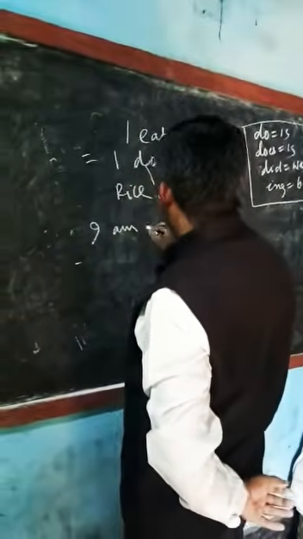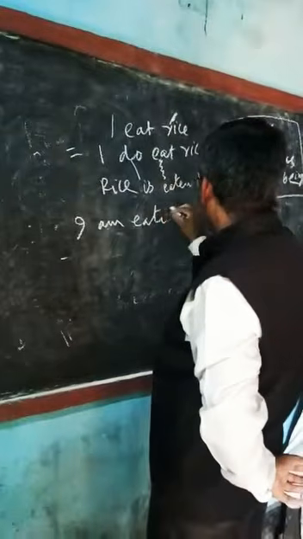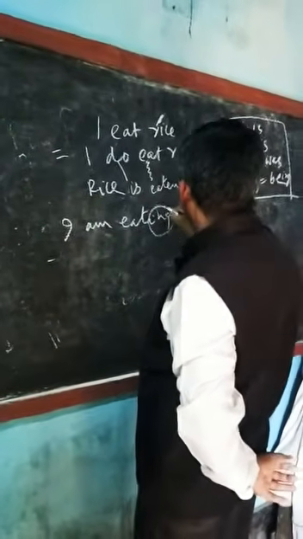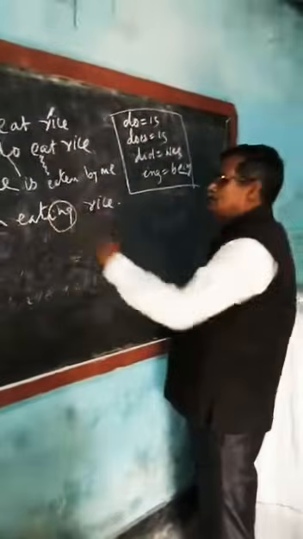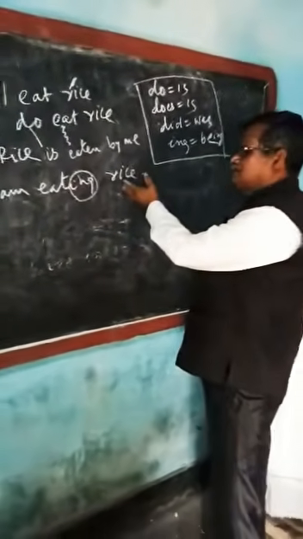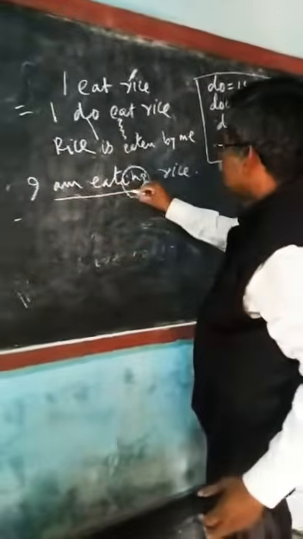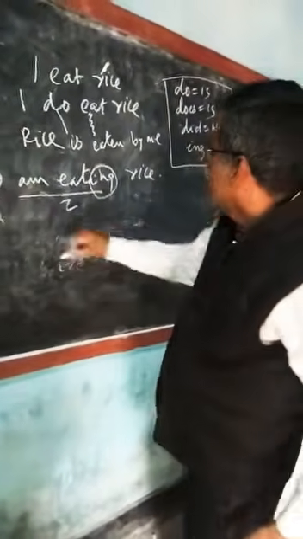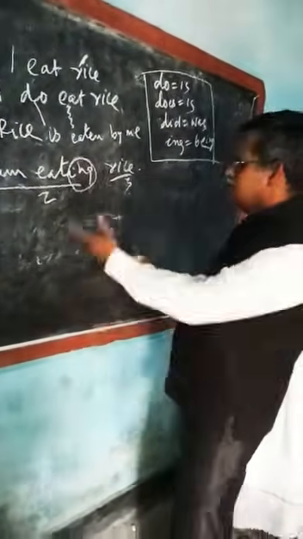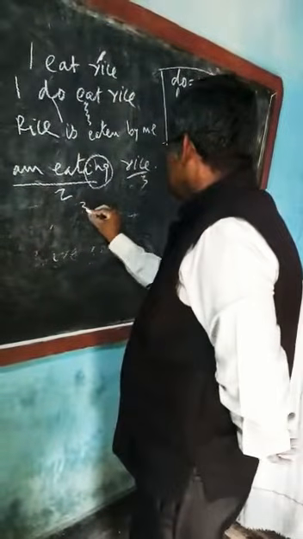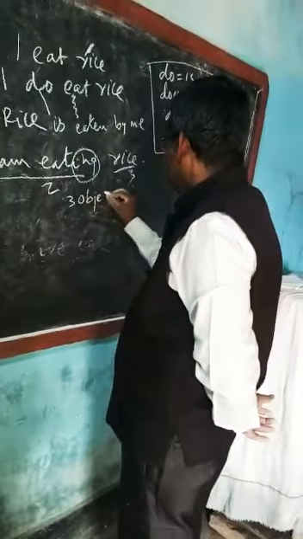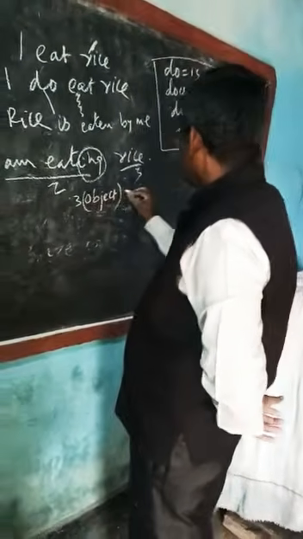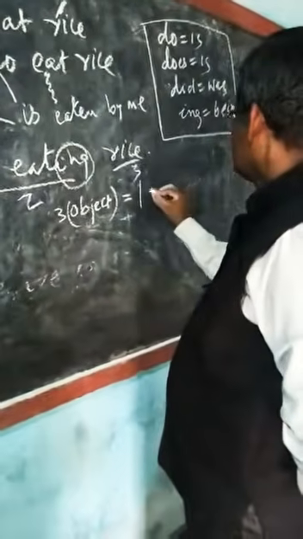I am eating rice. In this sentence, which one is the object? Rice is the object. This is the verb. This is 2 position. This is 1 position. This is 3 position. In this case, always in voices, 3, that is the object, becomes 1, that is subject.